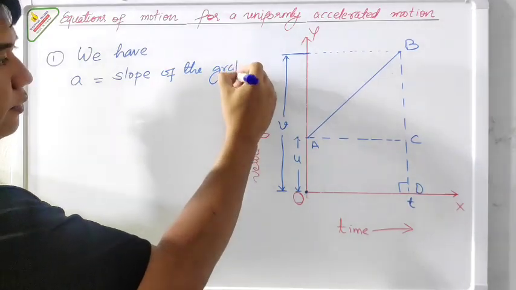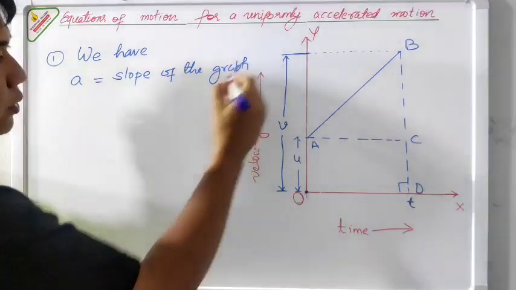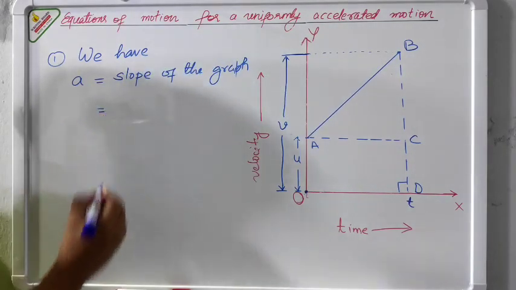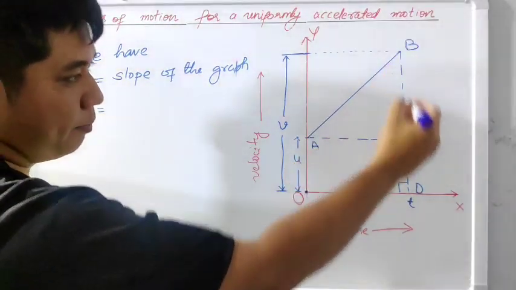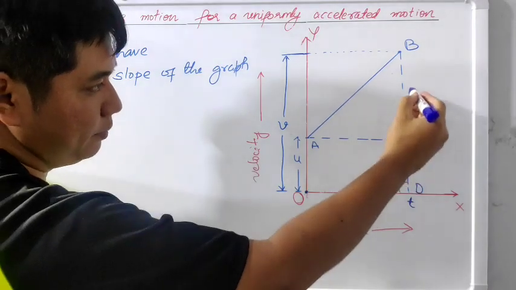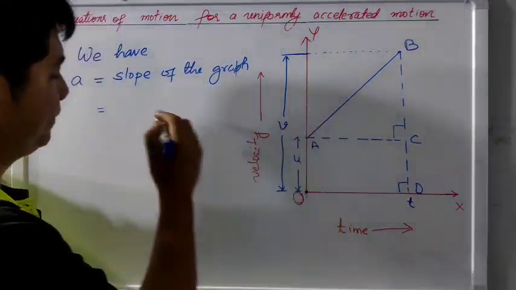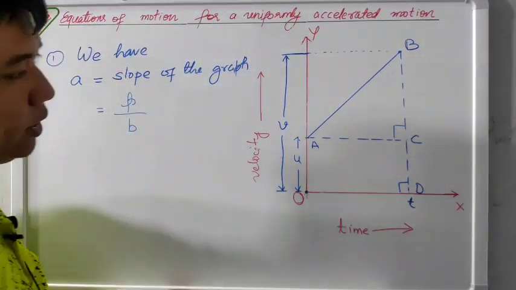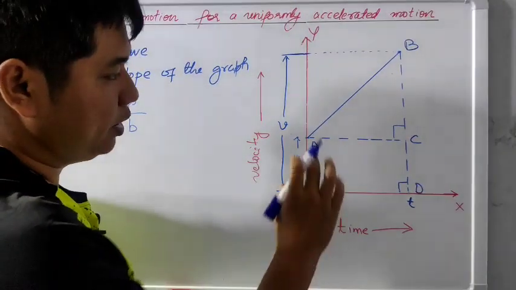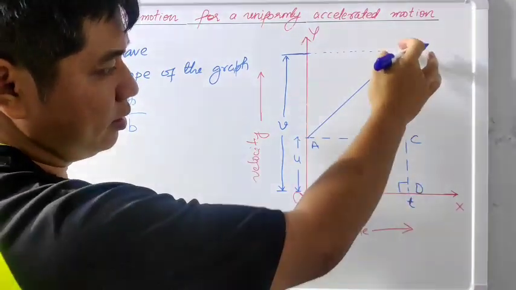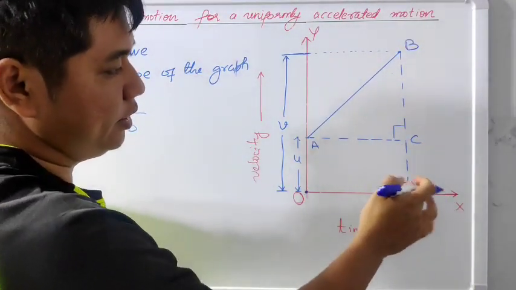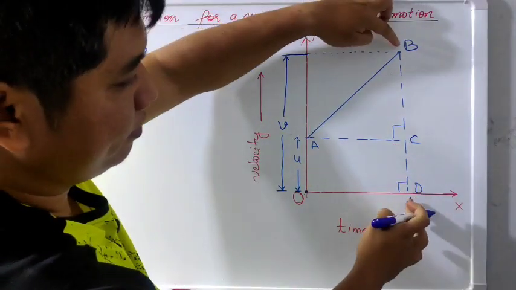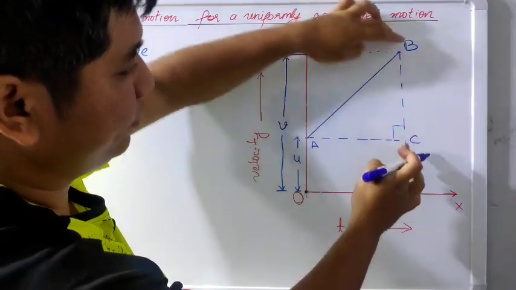The graph is a vt graph. It will be okay if you write the slope of the vt graph. Then what is the slope here? The slope is perpendicular height by base, p by b. Then what is p here? P is BD minus CD. The base is BC.